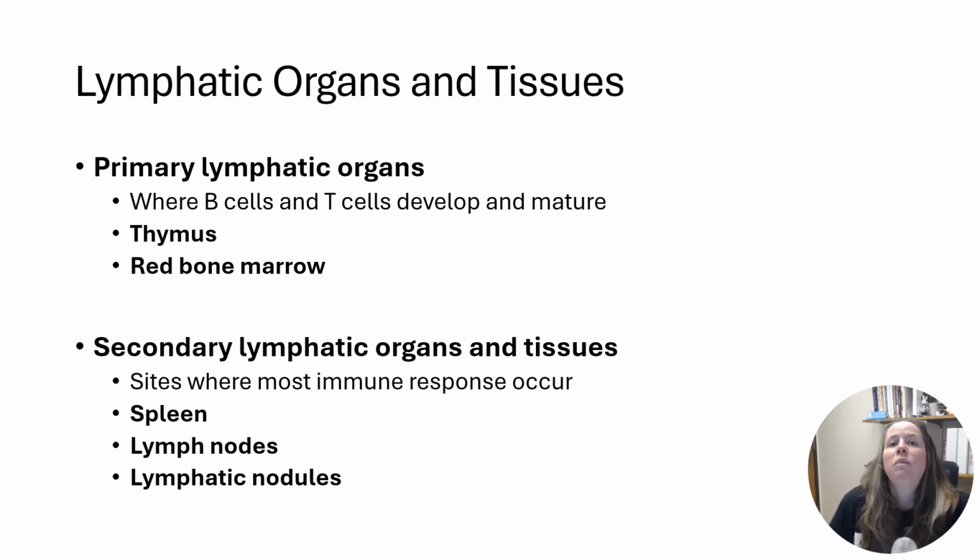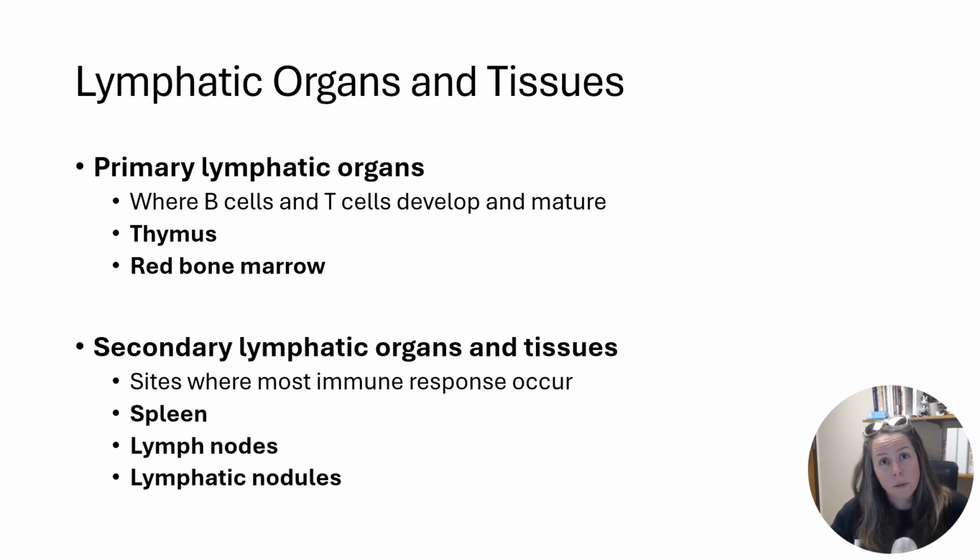Now, aside from the vessels, we also have organs and tissues, and they are grouped into two categories, primary and secondary. The two primary organs that we have are the red bone marrow and thymus, and the secondary lymphatic organs and tissues that we have are things like the spleen, the lymph nodes, nodules, and then aggregates of tissue that we'll talk about later.